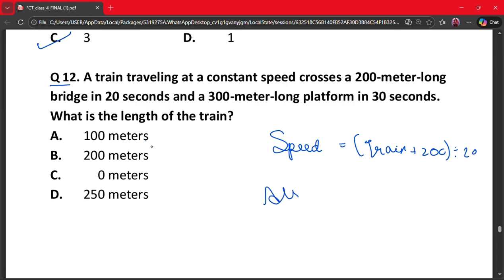Also (train plus 300) divided by 30. And when we solve these two equations, it gives us 0 meter, which is not possible in reality. So this answer is assumption based and logic based. So the correct answer is option C.